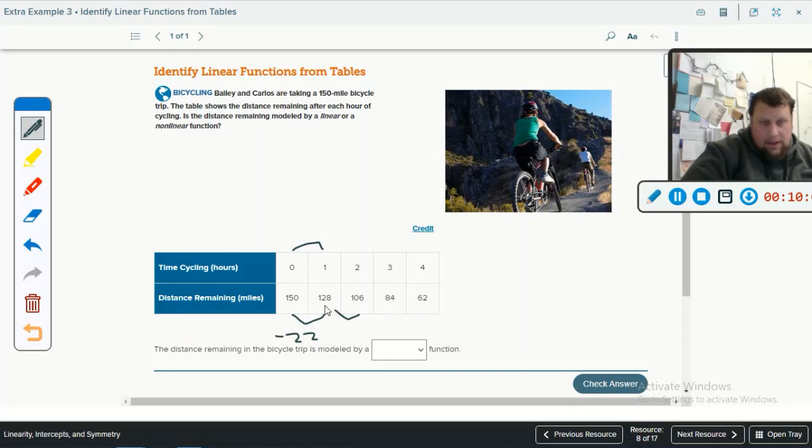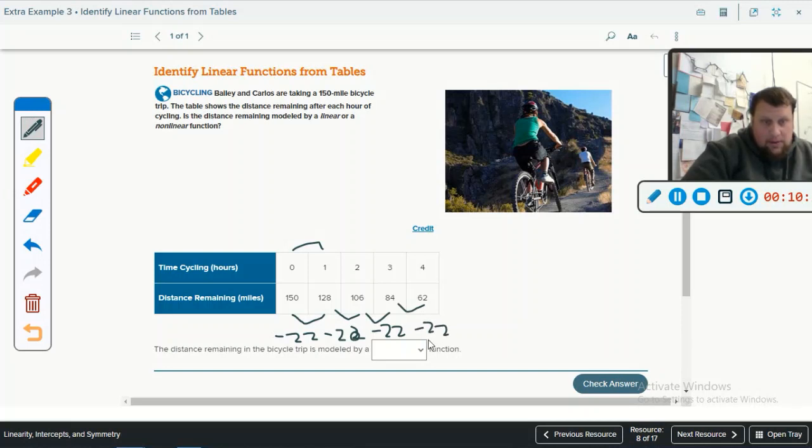Minus 22 is going to be 106. And then down 6 and down 16 more. I don't know why I put 20. It should be 22. That's down 6, down 16. 6 plus 16 is 22. So again, minus 22. And from 84 to 62 is again minus 22.